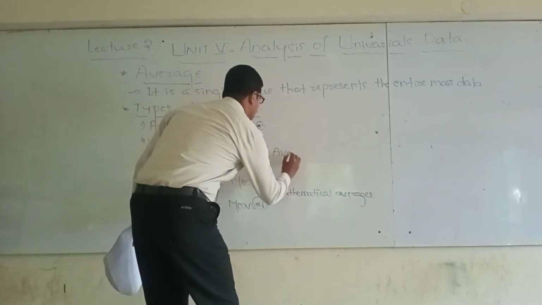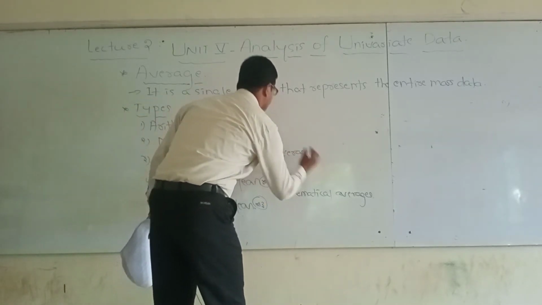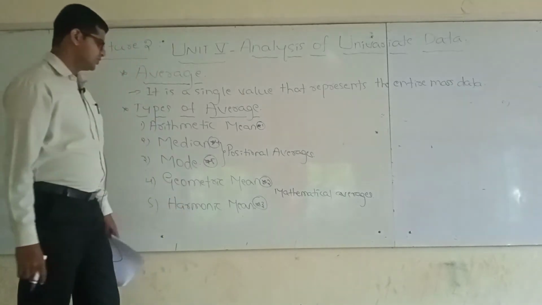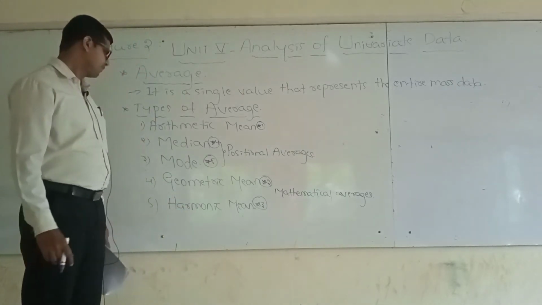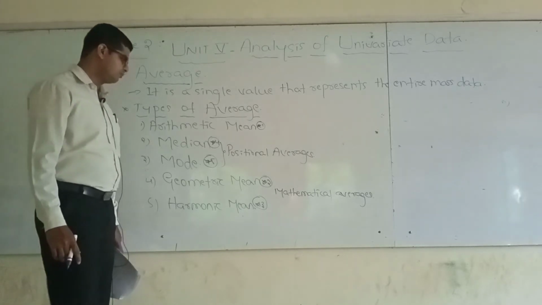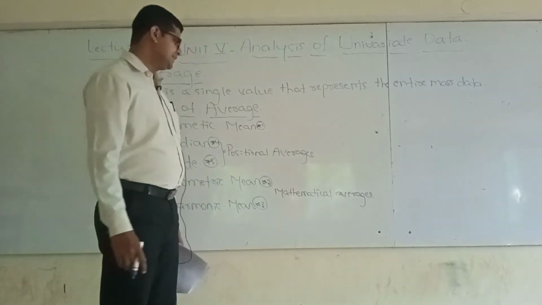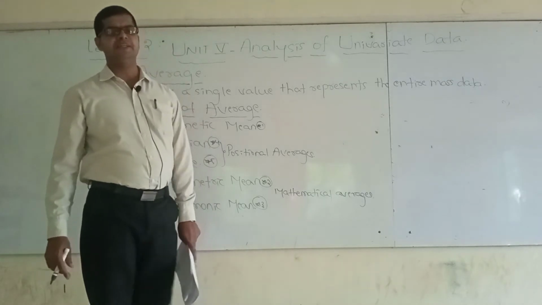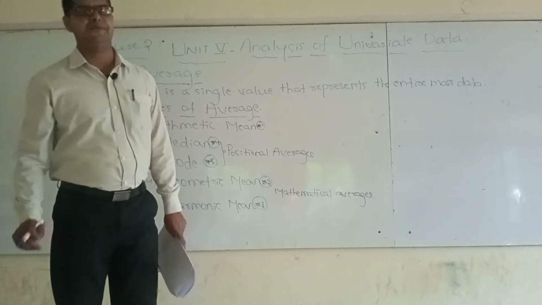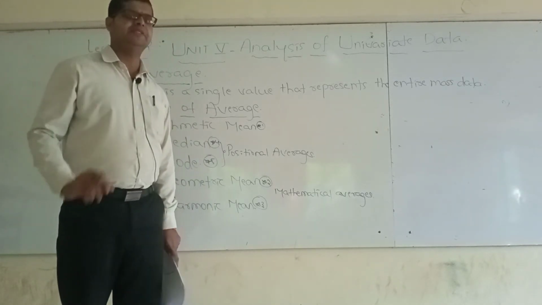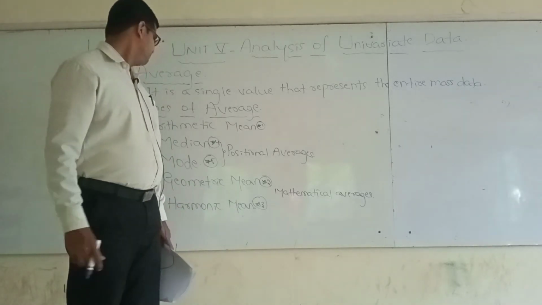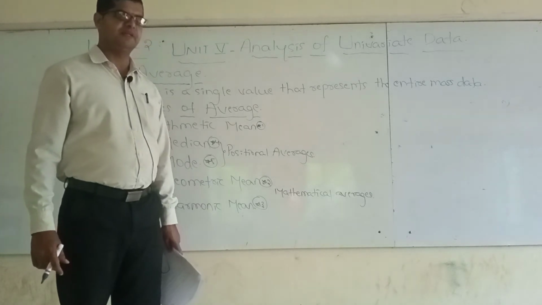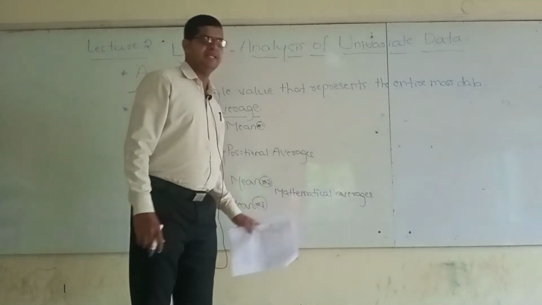Because you are finding a common term in these three: arithmetic mean, geometric mean, harmonic mean. All these are mathematical averages. Mathematical means you are finding mathematical calculations under these arithmetic mean, geometric mean and harmonic mean. That's why they are called mathematical averages.